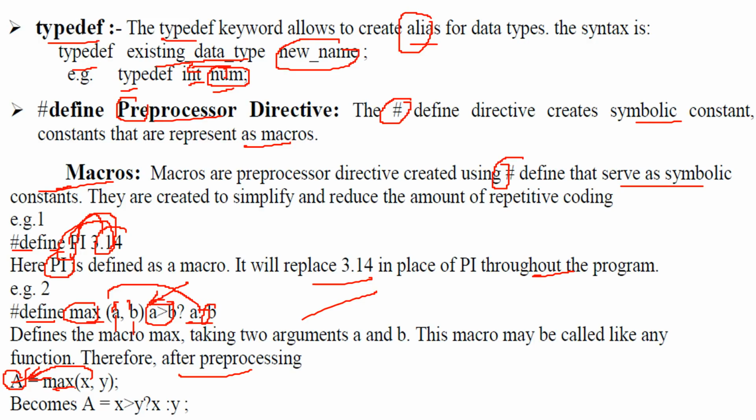So this is simply a = x > y ? x : y. We just need to understand that with macros, the content is placed inside your code. This code, from here to here, is being put in here.